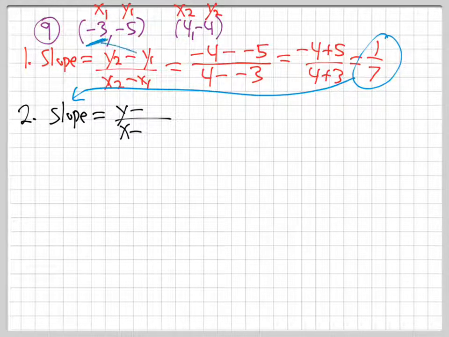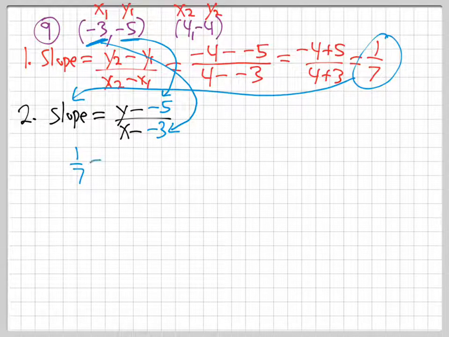So grab the x and put that negative 3 back there, and grab the y and put that y back there. So we get 1/7 equals y plus 5 over x plus 3, exactly like the last one.